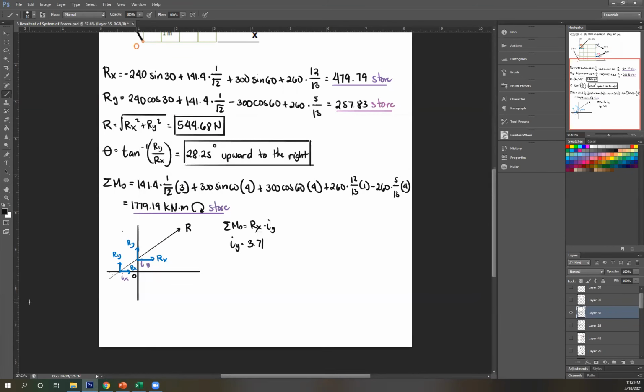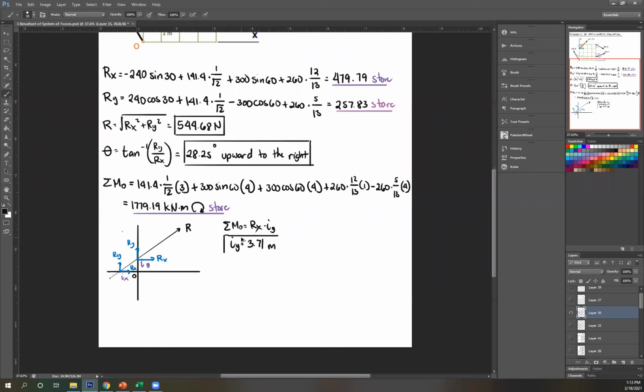So I think you're multiplying. So MO, 1779, divided by RX, 479. So divide to get IY, okay? IY is MO over RX from this equation. So it's 3.71, then unit meters.